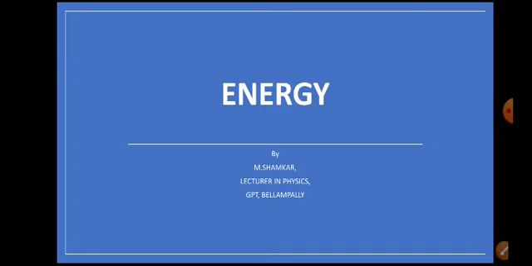In our syllabus we have mechanical energy, but we have different types of energies in our world, for example solar energy, wind energy, tidal energy, geothermal energy, hydro energy, etc. We discussed in the last class about the mechanical energy, that is potential energy and kinetic energy.